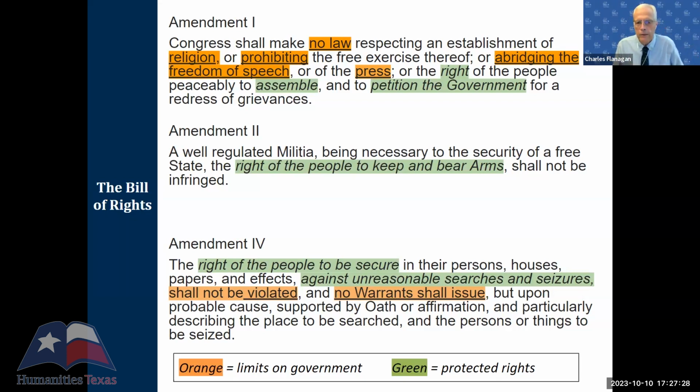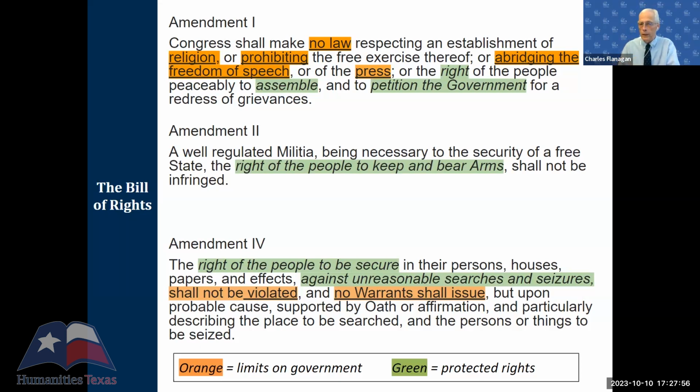If this is a limit, we're going to color it in orange or underline it. Congress shall make no law respecting an establishment of religion or prohibiting the free exercise thereof or abridging the freedom of speech or of the press. We'll stop there. Because up to that point, what we've done is explicitly put limits on the power of government. We're saying Congress shall not do these things.